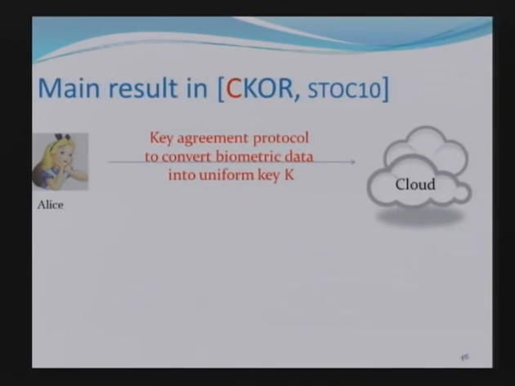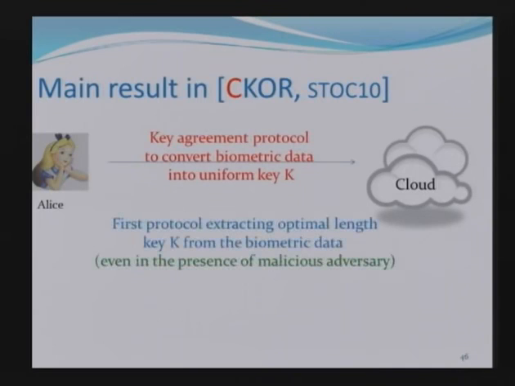And so the main result in the STOC 2010 paper is we give a protocol that extracts an optimal length key k from the biometric data, and this happens even in the presence of a malicious adversary. We can extract as long a key as possible.